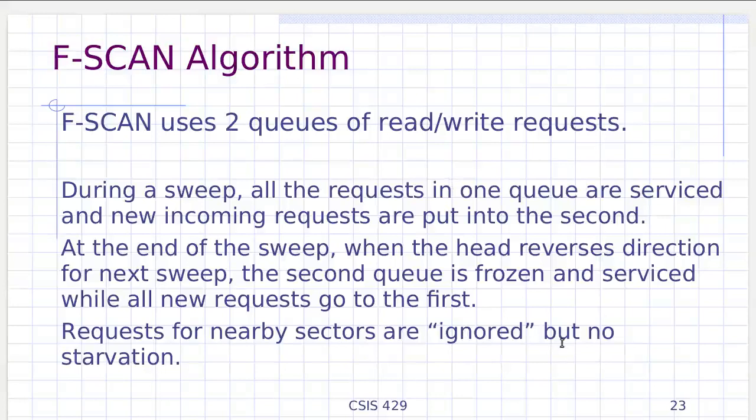You just have maybe a worst case scenario where you're going from outer to inner, and right in the middle you pass one track, and then you get a request for that track itself. You have to wait until the head goes all the way to one end and comes back, and then you catch that request on the rebound.